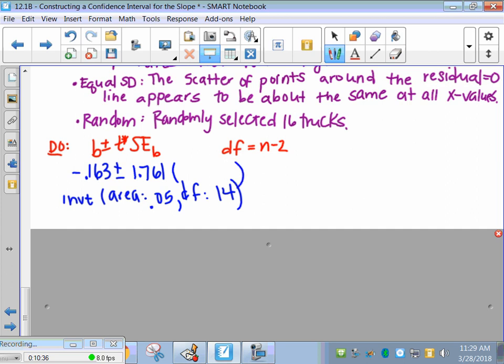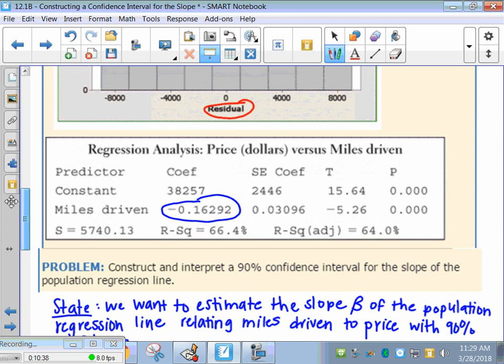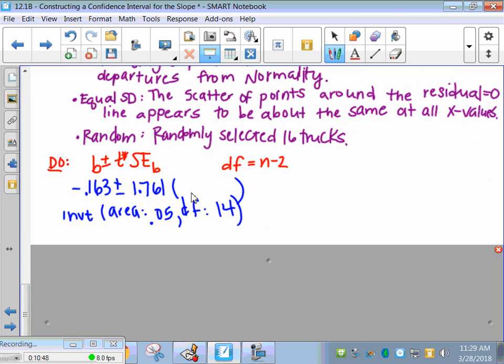All right, times SEB. So be sure you know where to find SEB. So here's my slope part here. Here's SE. So we're looking for 0.031. Okay, plug this in, and we're going to get a confidence interval of negative 0.217 and negative 0.108.